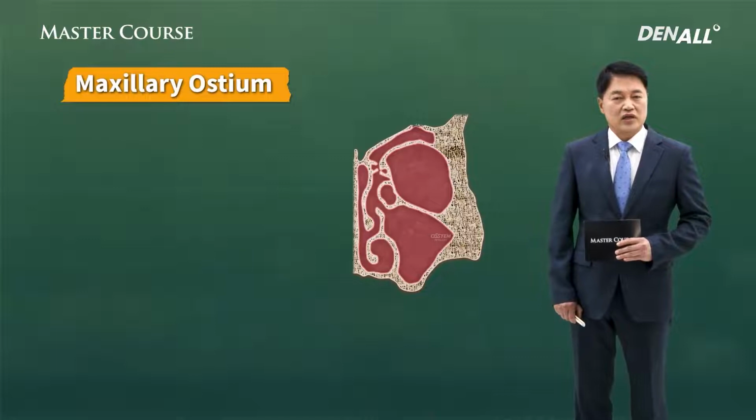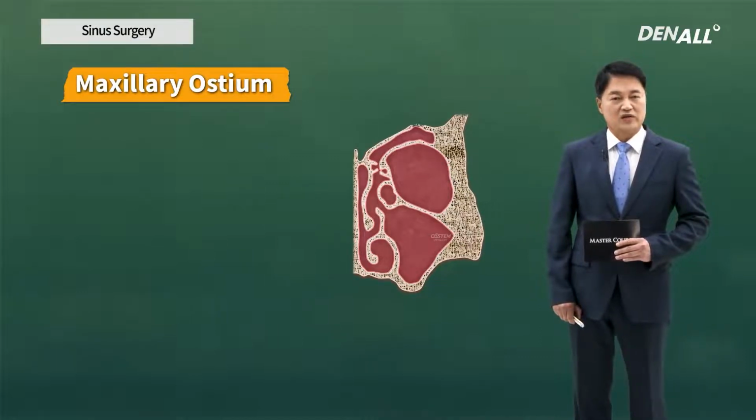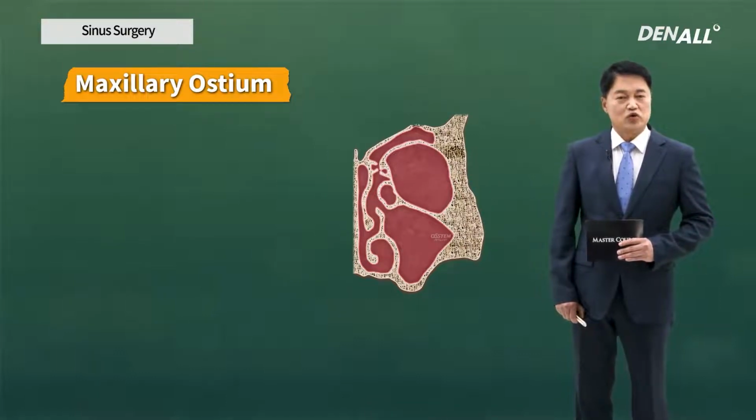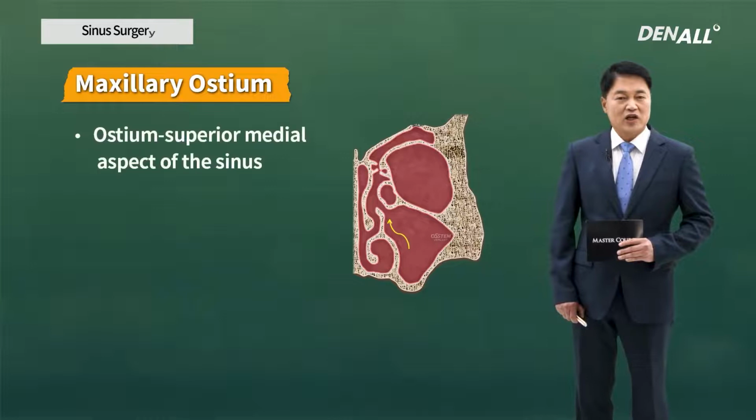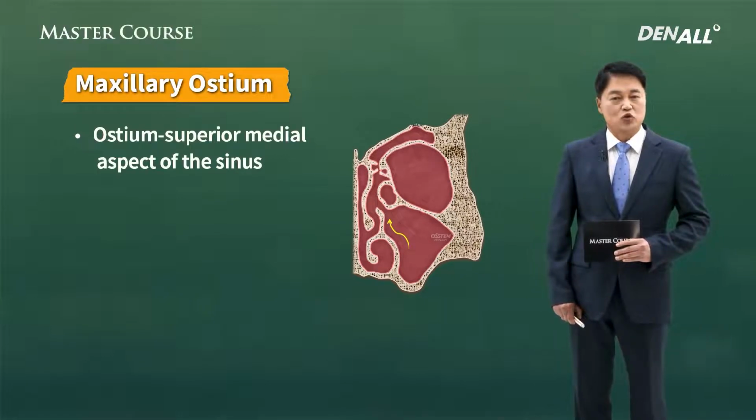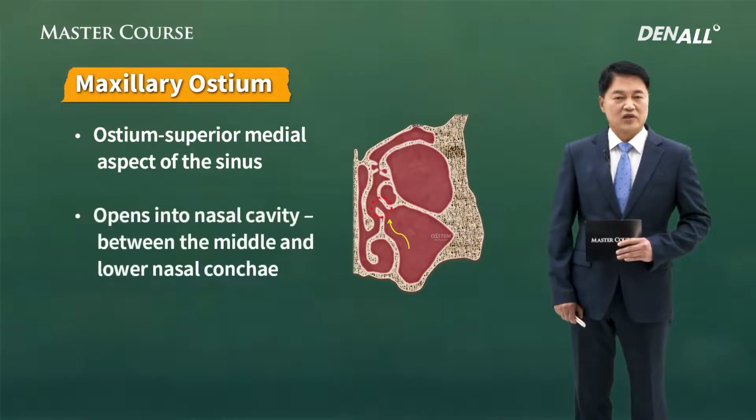Another important thing is structure that connects the sinus and nasal cavity. It's called maxillary ostium. It is positioned superior medial to the sinus. As mentioned, it connects nasal cavity and the sinus.